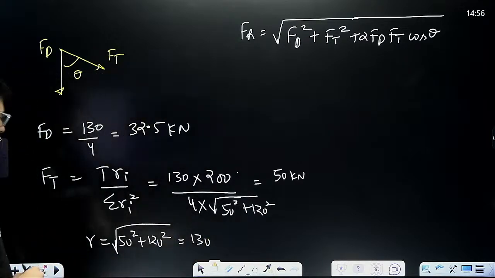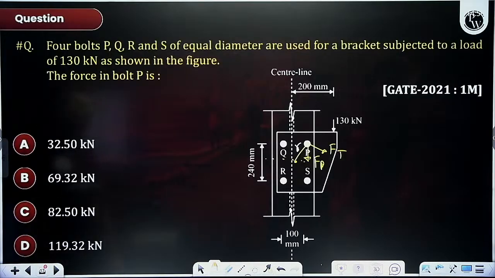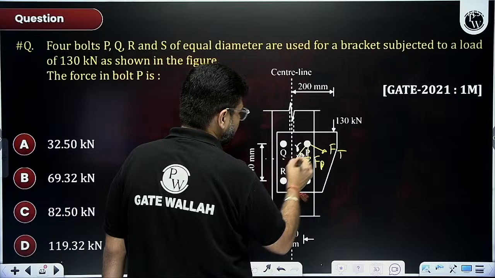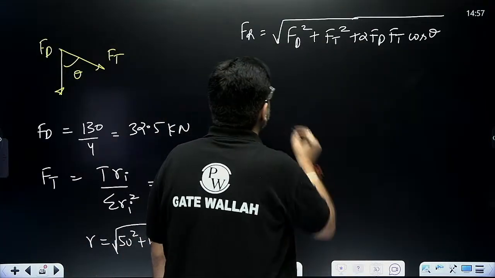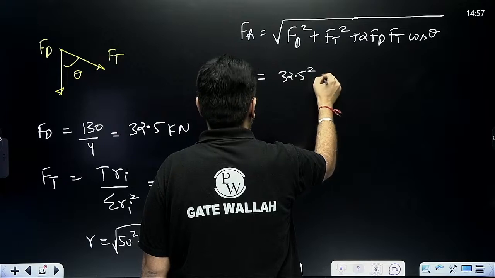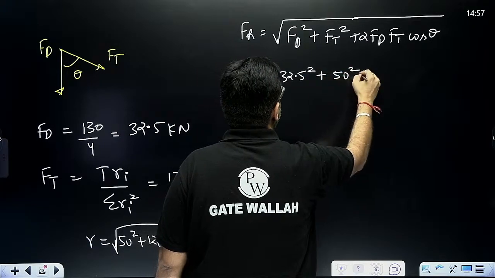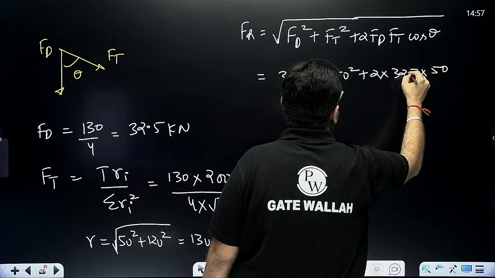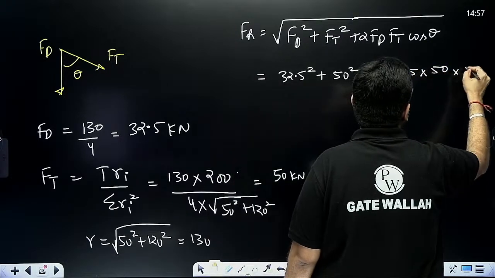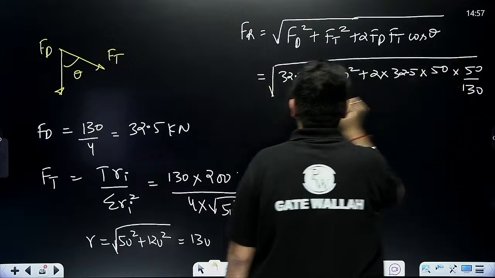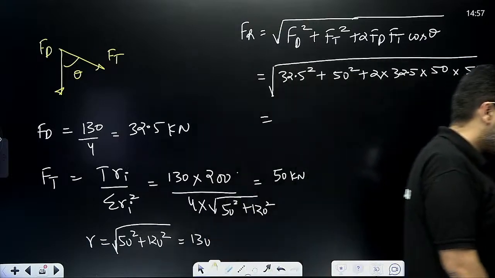Okay, correct. Now we have to calculate FR. Cos theta is this angle, this is the angle theta here. So it is 32.5 square plus 50 square plus 2 into 32.5 into 50, and cos theta will be 50 divided by 130. FR I have calculated like this. How much will it come out to be?